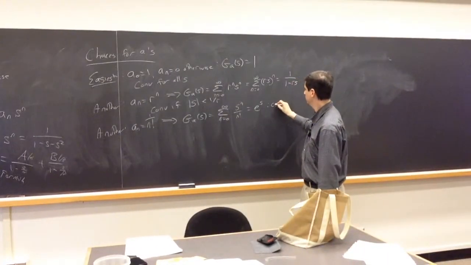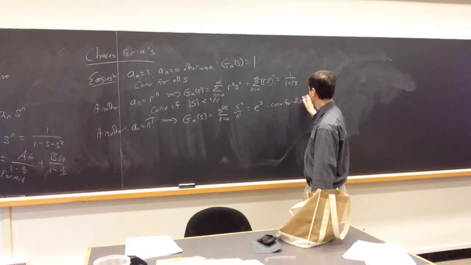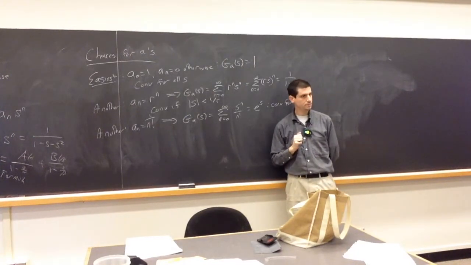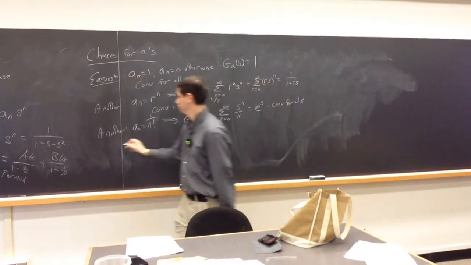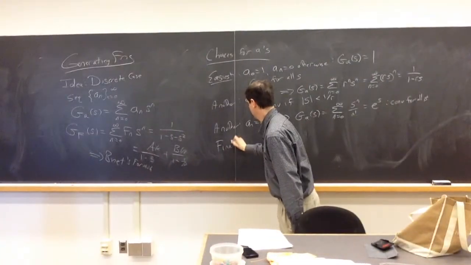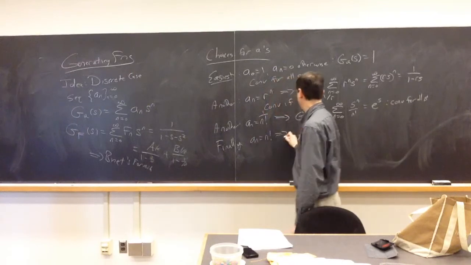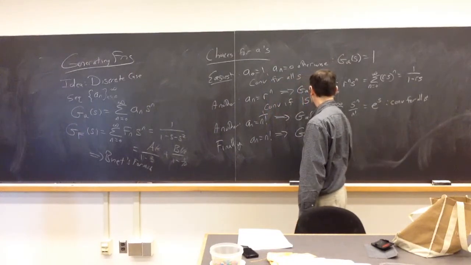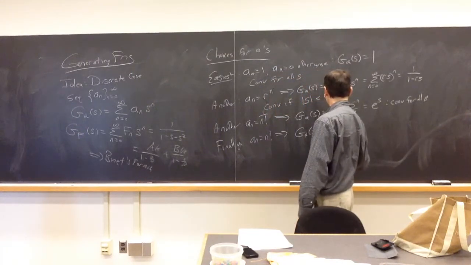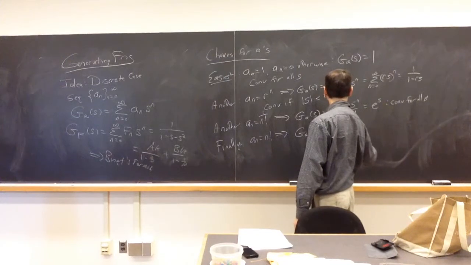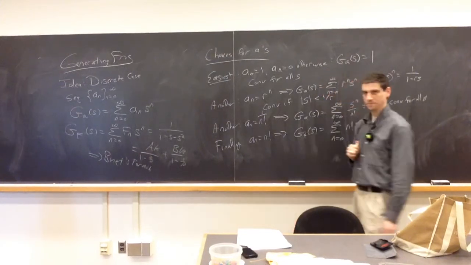This converges for all s. And let's do one last one. The one I was so eager to get to a moment ago, A_n equals n factorial. This leads to G_A(s) equals the sum, n goes from 0 to infinity, of n factorial s^n.